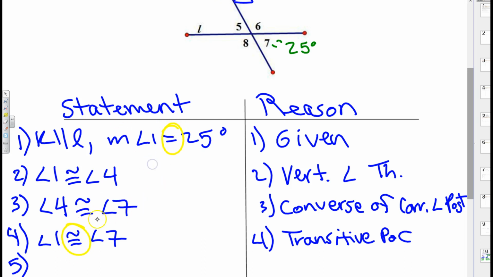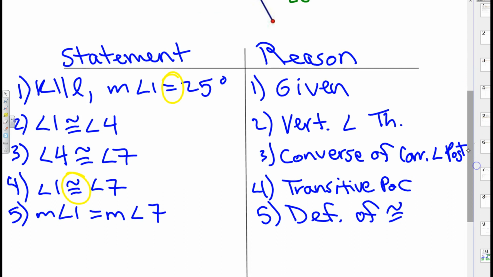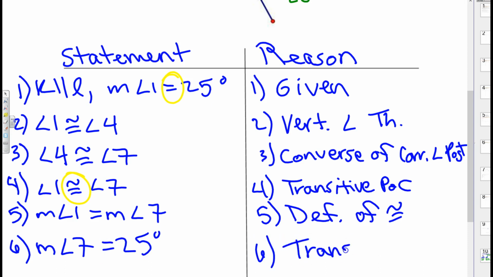My next step has to be saying that the measure of angle 1 equals the measure of angle 7, by the definition of congruent, which now allows me to say, well, if 1 equals 25 and 1 equals 7, therefore I can say that the measure of angle 7 is equal to 25 degrees as well by the transitive property of equality.